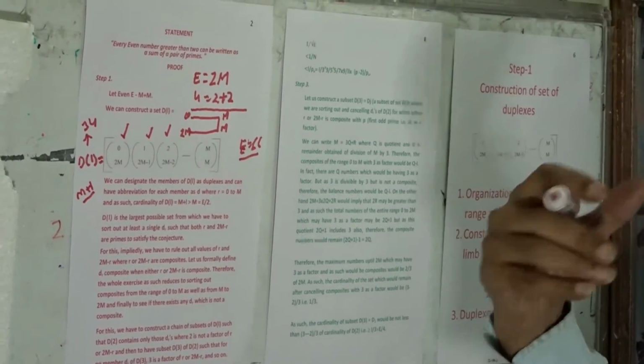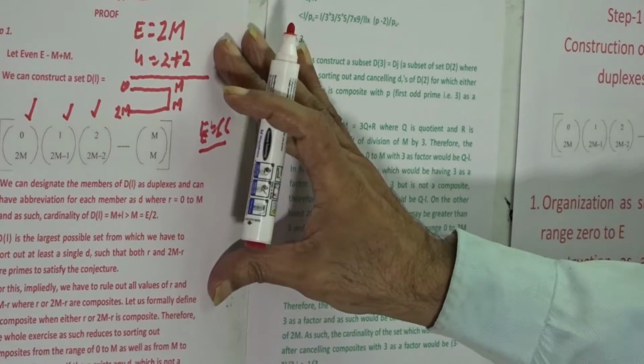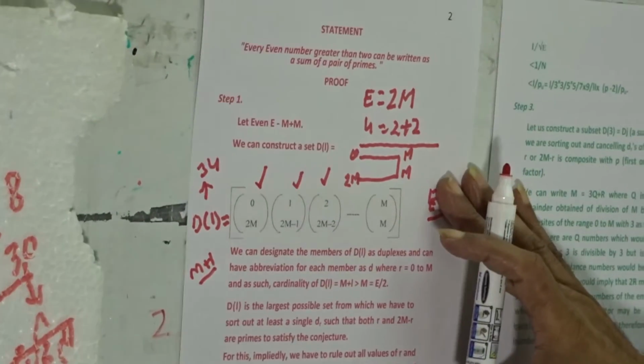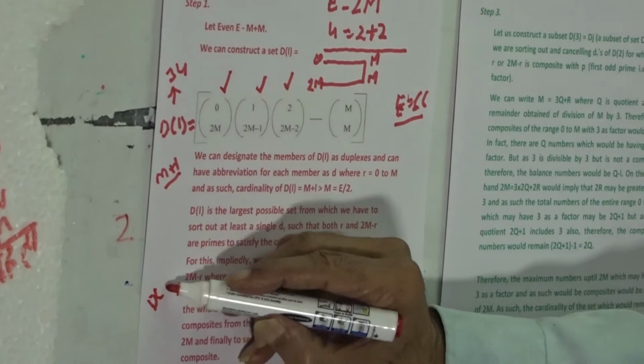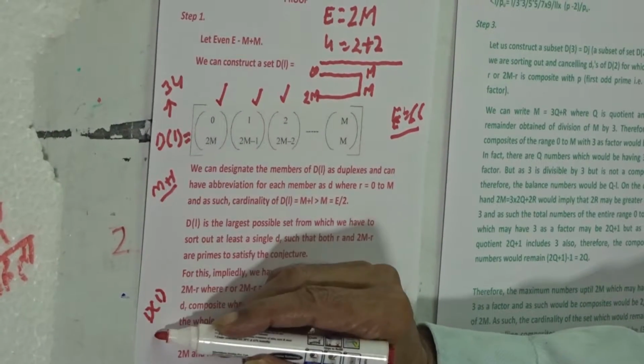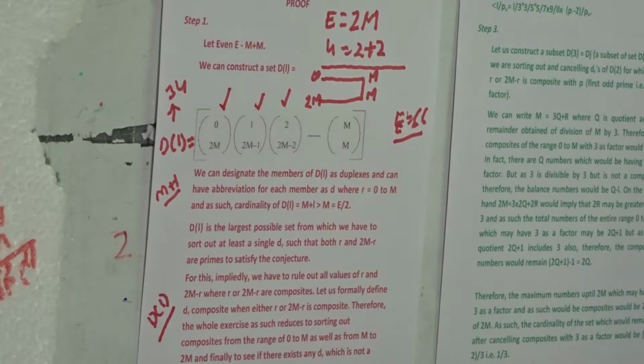This construction of the set D1 as such becomes the basic construction.